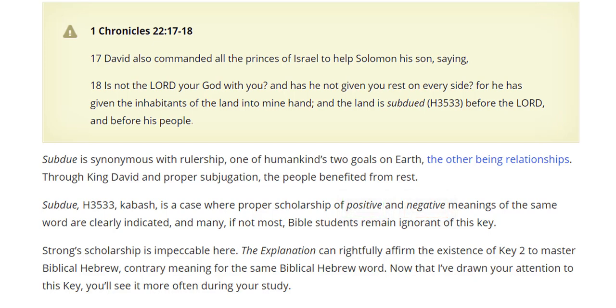Strong scholarship is impeccable here. The explanation can rightly affirm the existence of key 2 to master biblical Hebrew, contrary meaning for the same biblical Hebrew word. Now that I've drawn your attention to this key, you'll see it more often during your study.